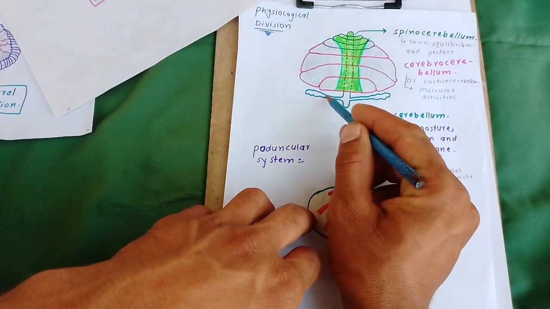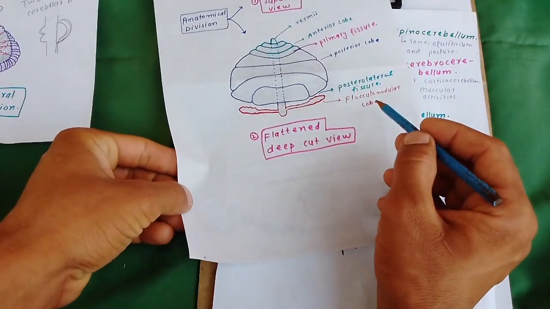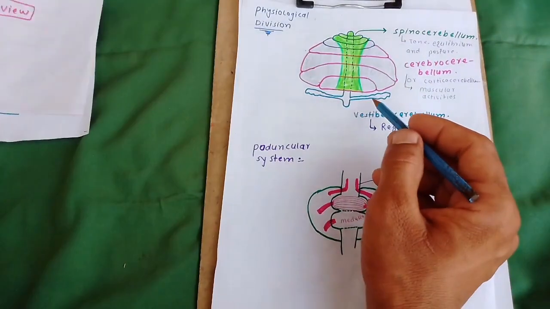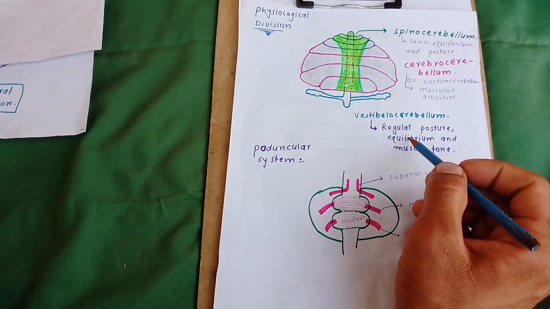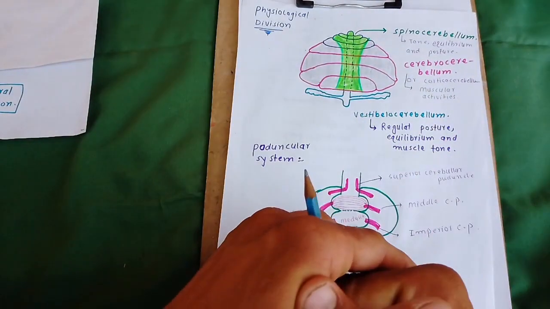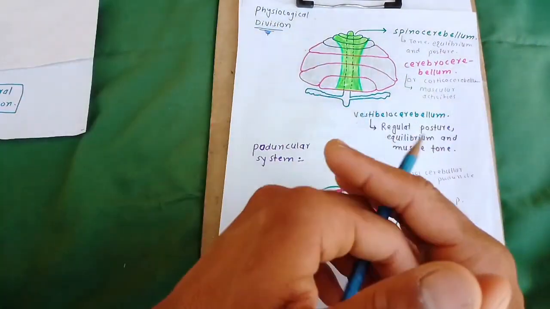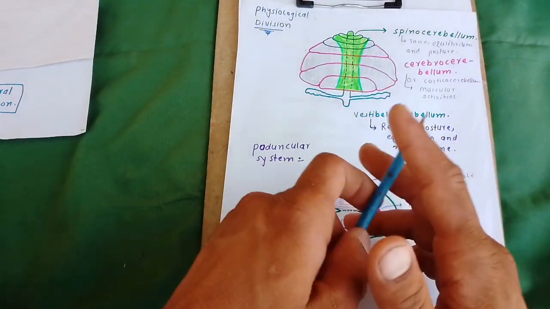So this is the flocculonodular lobe. It regulates the posture of the body and the movement of the body, because it receives impulses from the vestibular apparatus, which we will discuss later.